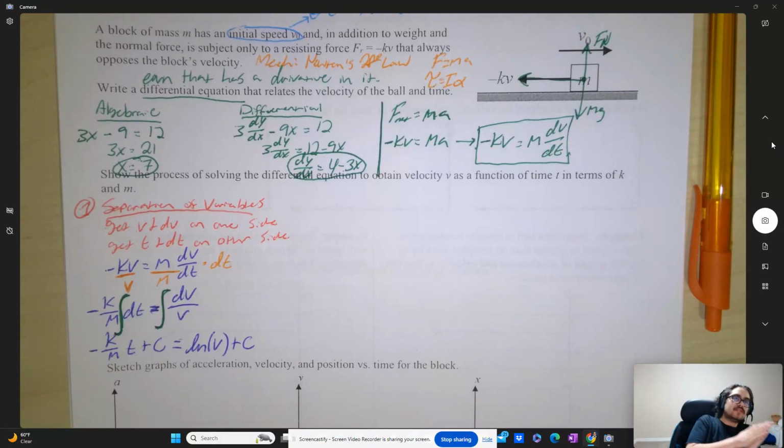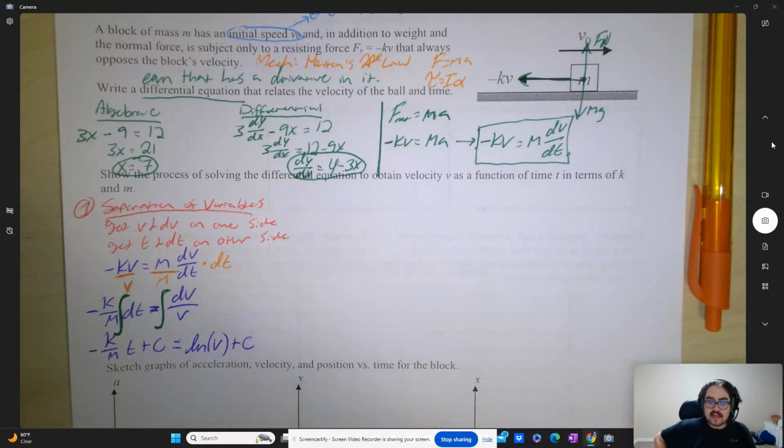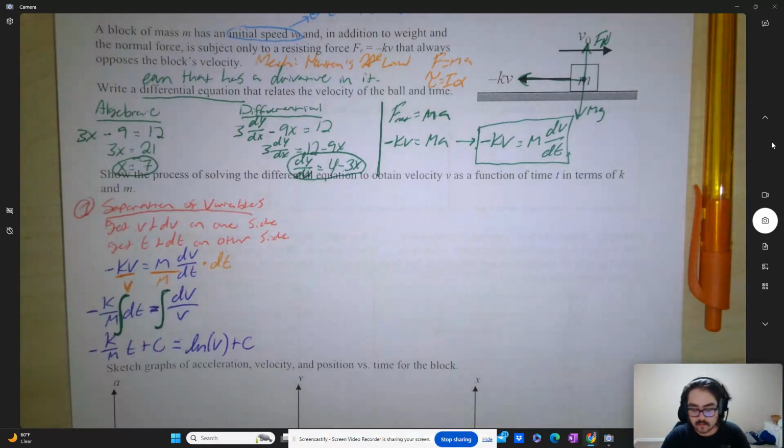So here's the issue now: we have two unknown constants, but in physics, you're going to learn something about physicists, which is that we don't really care too much about what those constants are. Watch this.